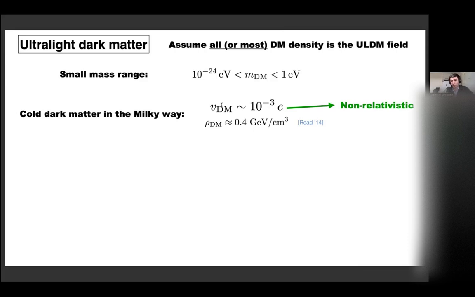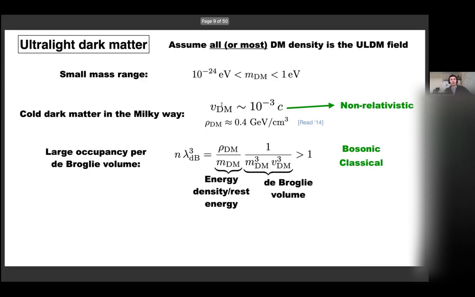Also, a very interesting thing you can look at for ultralight dark matter is the occupancy per de Broglie volume. So here I look at n, which is essentially a number density times lambda_dB cubed, where lambda_dB is the de Broglie length and lambda_dB cubed is a de Broglie volume. The number density is simply the energy density divided by the rest energy, which dominates because this is non-relativistic.